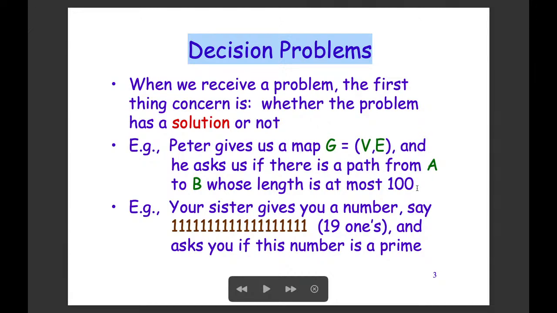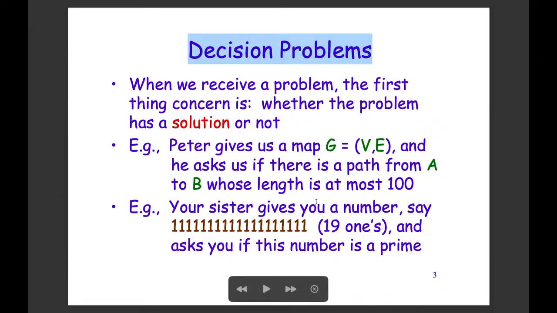We can apply Dijkstra's algorithm, the shortest path algorithm, to find the shortest path between A and B, and then based on the solution, if it is less than or equal to 100, then we answer yes, and if it is not, then we answer no. And because Dijkstra's algorithm runs in polynomial time, Peter's problem is a polynomial time solvable problem, so it is in P.